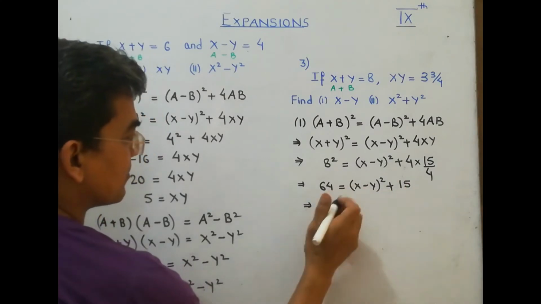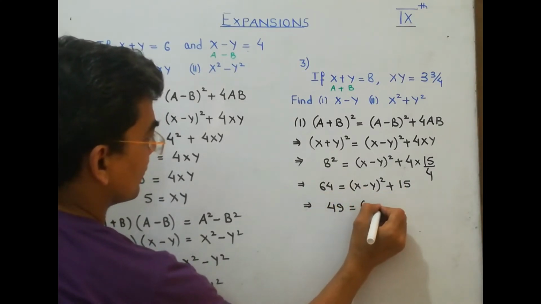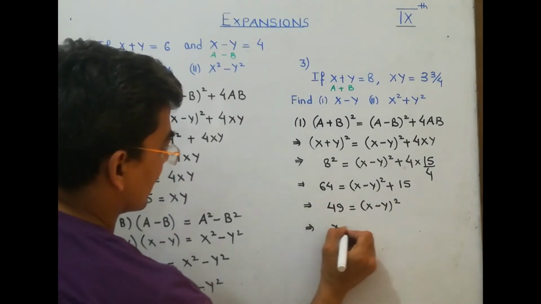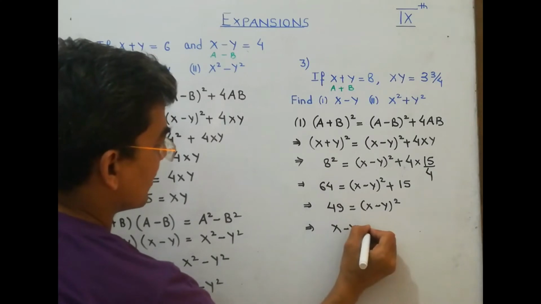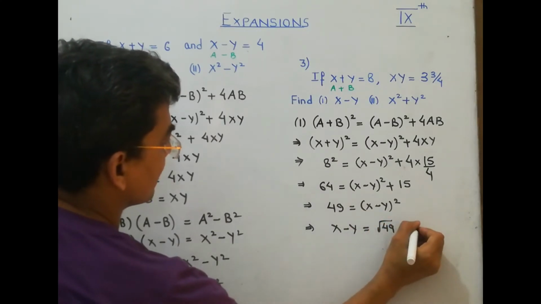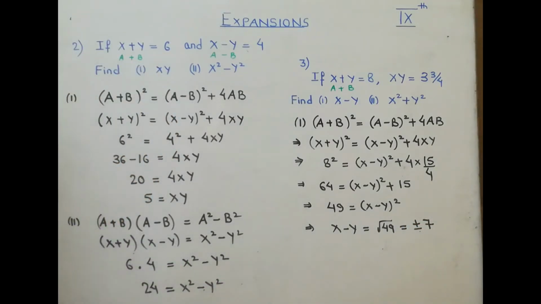So when this is subtracted, it gives you 49. So x minus y is equal to root 49. So the answer will be plus minus 7.